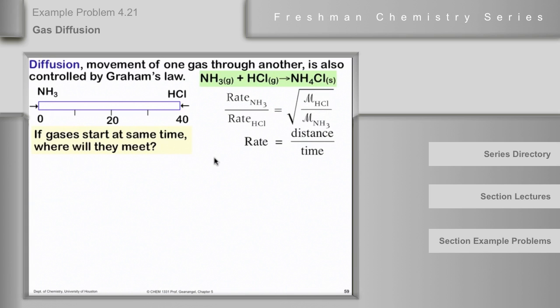All right, so what we can do is substitute the distance of ammonia travel over the time that it traveled, divided by the distance HCl traveled over the time that it traveled.